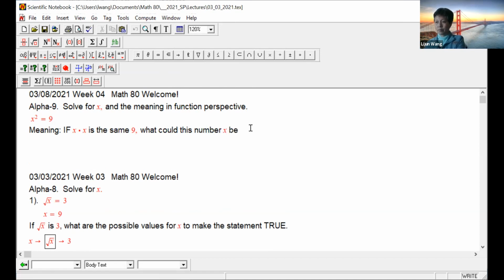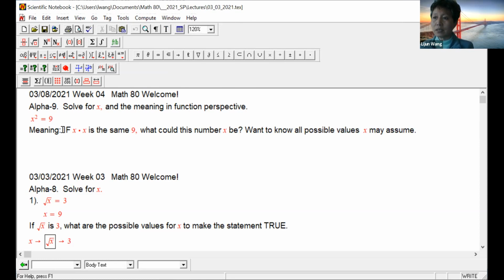That's the meaning. We want to know all possible values that an x may assume. That's really at the core of this question.